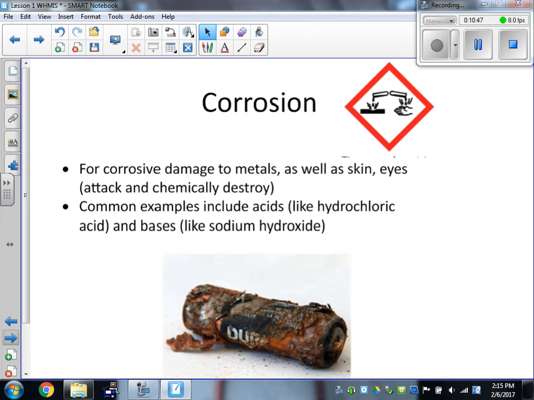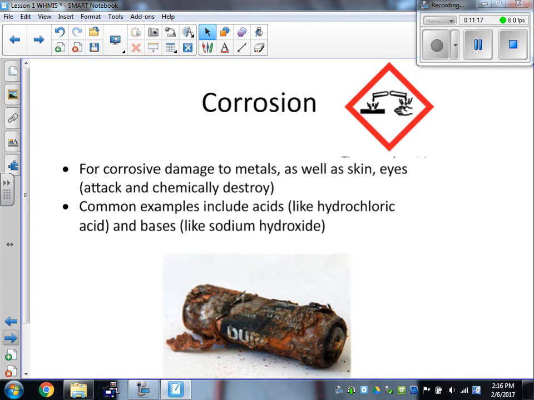In fact, that's why the terminals sometimes get corroded over time. So corrosive damage to metals, as well as skin and eyes. They attack and chemically destroy. Common examples include acids like hydrochloric acid, sulfuric acid, particularly bad, and bases as well. Sodium hydroxide is not particularly very nice.